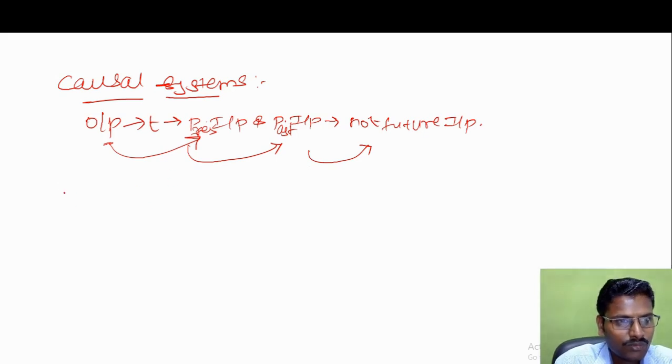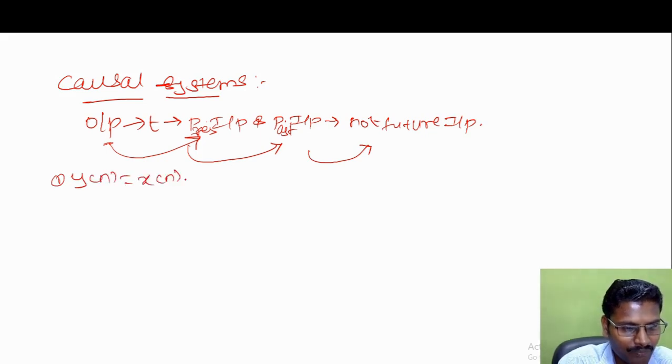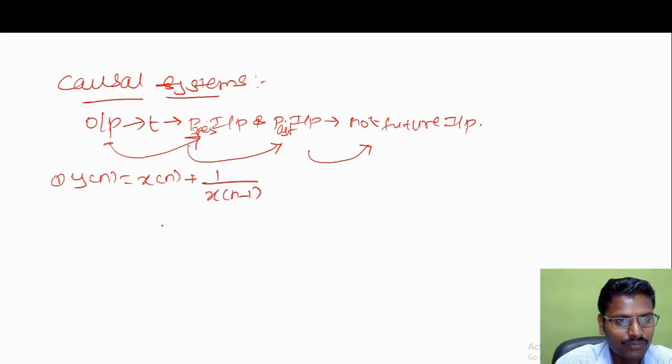To make it simple and easier, let me solve a problem based on a causal system. The problem: y of n is equal to x of n plus 1 divided by x of n minus 1. This is the given system. I need to find whether the system is causal or non-causal.